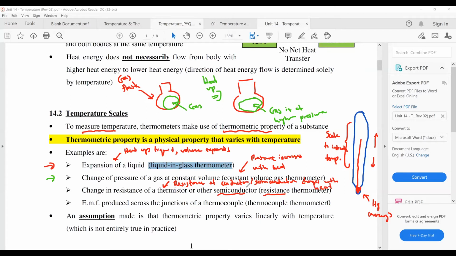In your band theory, you learn that if your conductor is supplied with heat, its resistance will increase.